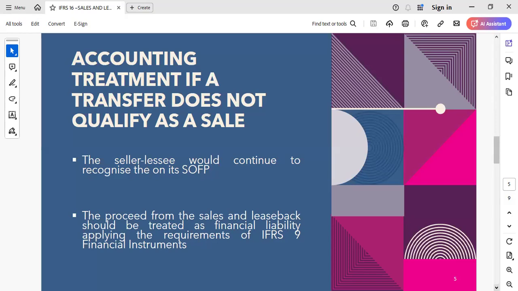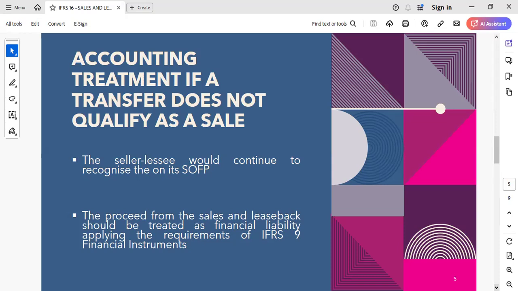Now, if the transfer between a seller lessee and buyer lessor doesn't qualify as a sale, meaning that, as I have said earlier, the rights associated with the asset have not been substantially transferred to the buyer lessor, in essence we now treat it as if the money the buyer gave to you was a loan, instead of you selling the asset to the buyer.